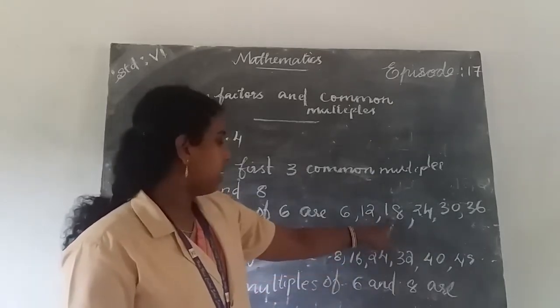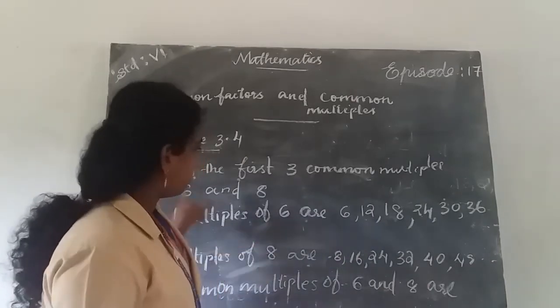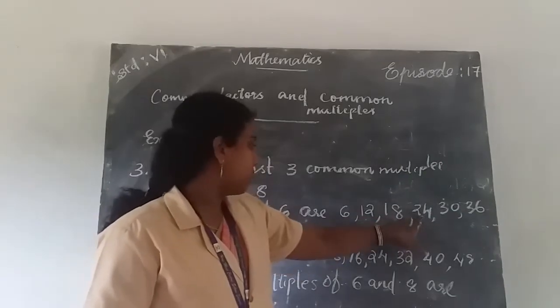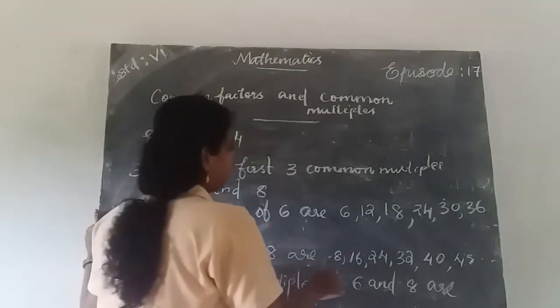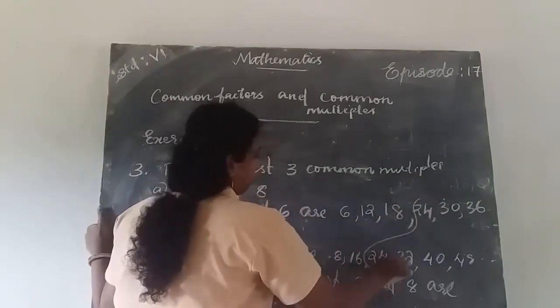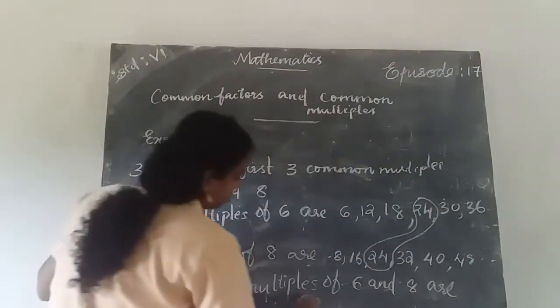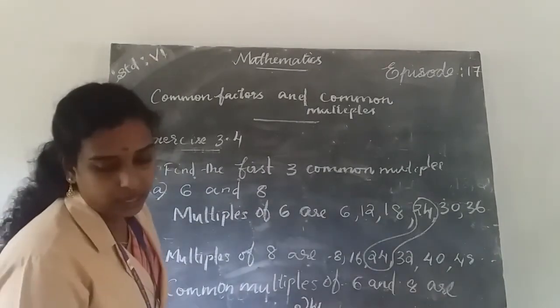And here 18 is a multiple of 6 but 18 is not a multiple of 8. And here 24 is a multiple of 6 and 24 is also a multiple of 8. And 24 is a common multiple. Okay, so the first common multiple of 6 and 8 is 24.